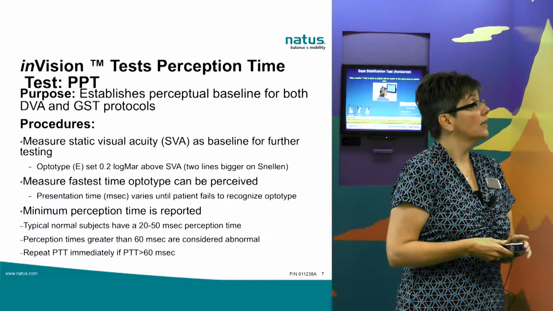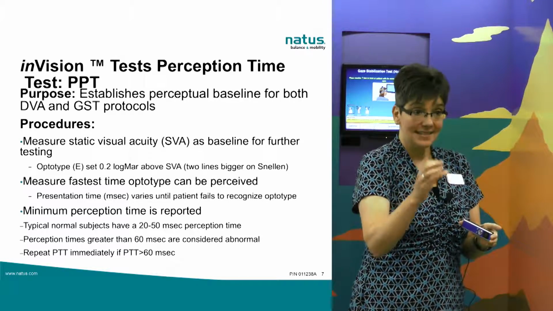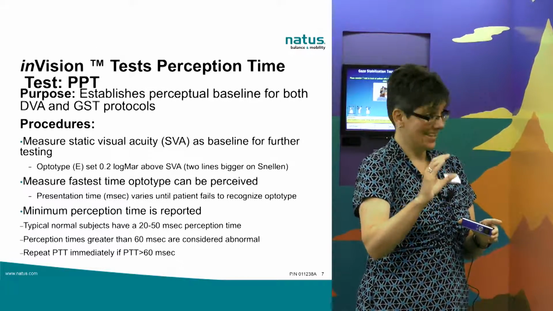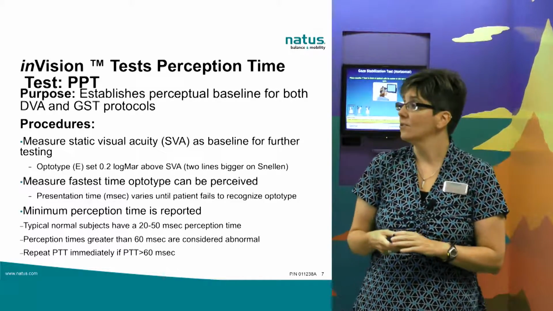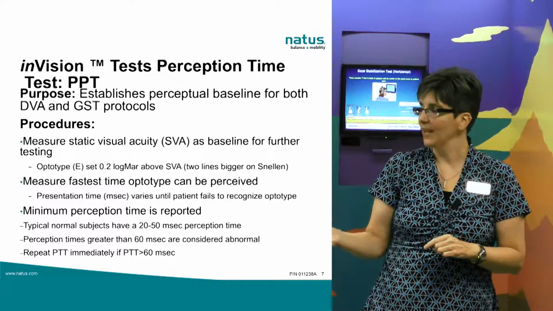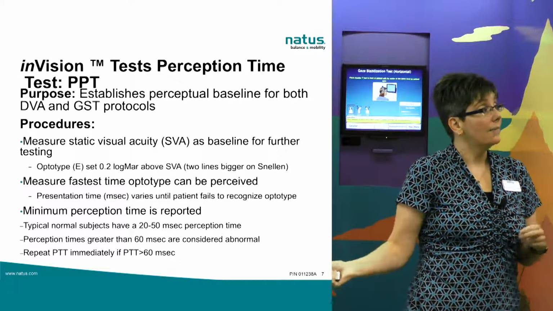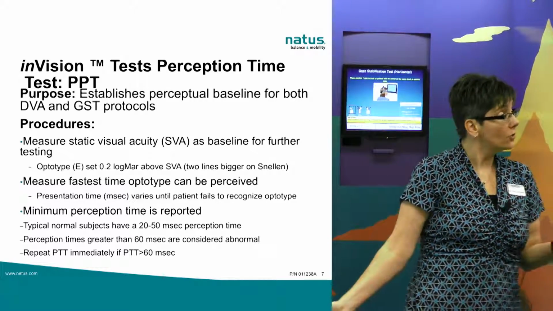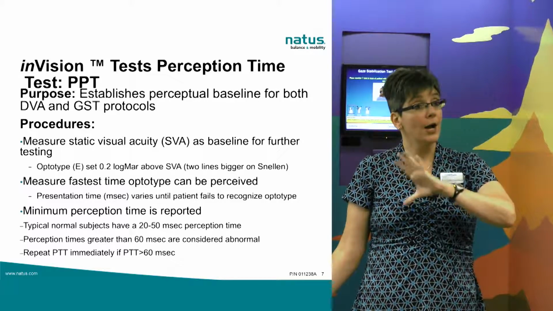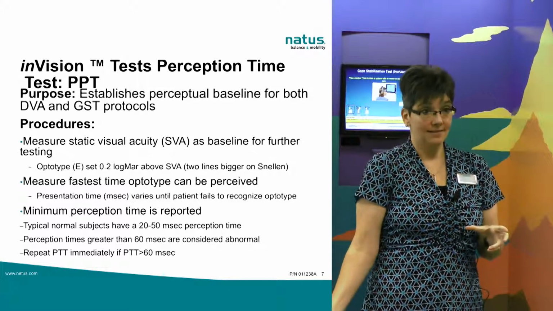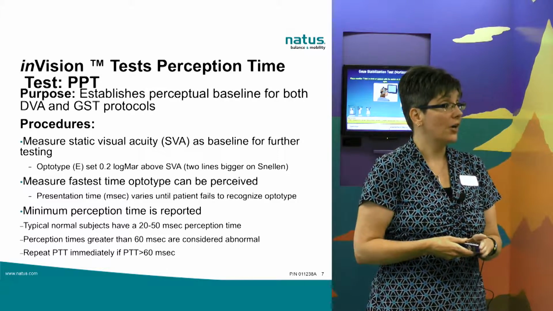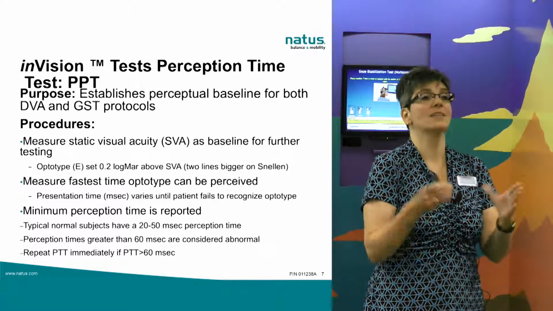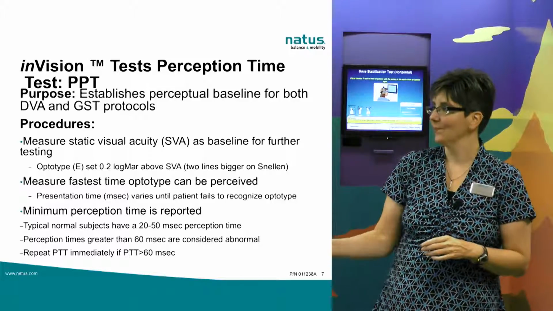If we do not see that the patient can score within the normal range on perception time, it's not recommended that we go on and do the dynamic visual acuity. And you will get an error report on your analysis. If you do go on and test, it will say that your results are not valid because of prolonged perception time.